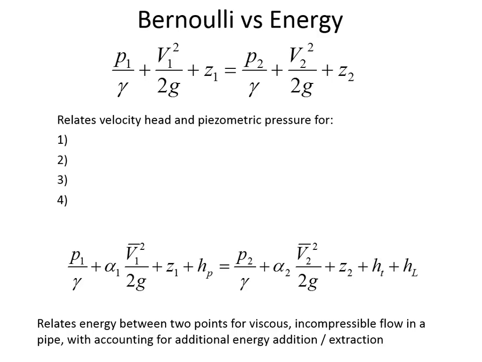Taylor's shaking her head. Why? Exactly, yeah. The laminar conditions are rare, and so most of the time what we're more interested in is an alpha of 1.05 for Reynolds number greater than 2,000.